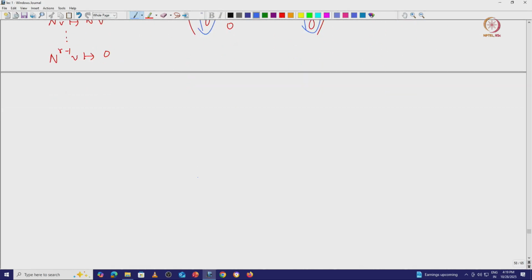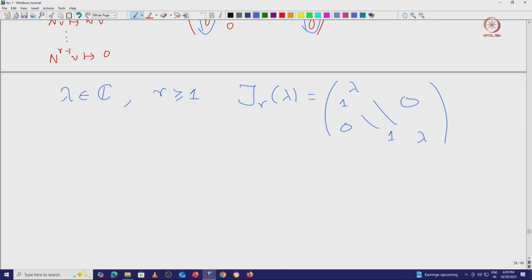So this motivates us to define what is called the Jordan block. Given lambda in C and R greater than or equal to 1, let us define the Jordan block to be the matrix which has lambda as diagonal entries and 1 just below the diagonal and 0 elsewhere.